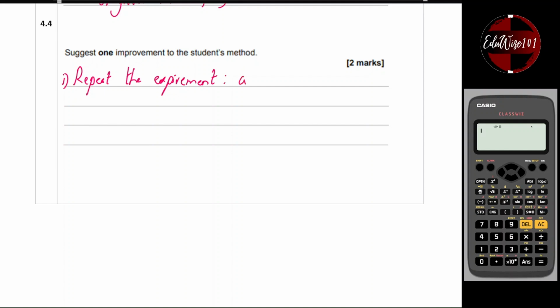And calculate the mean temperature rise.